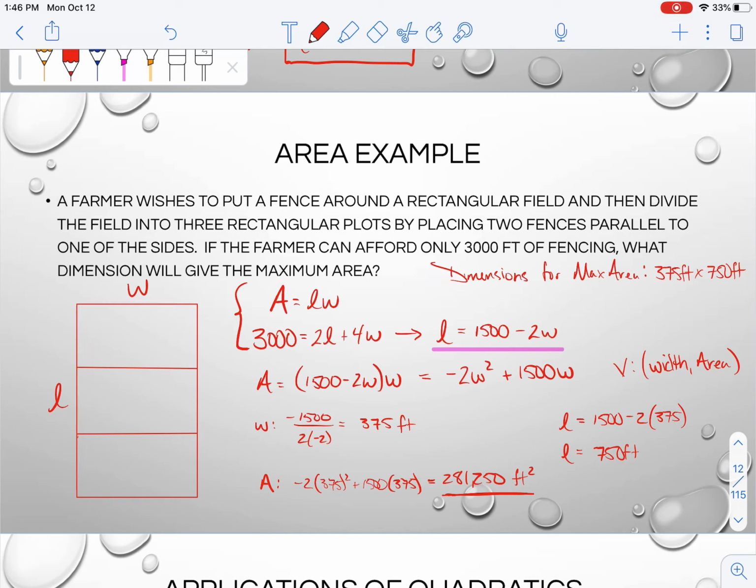If I were asked to find the dimensions of each pen, I would then have to divide this length by 3, and I would get that each pen is going to be 375 feet by 250 feet. All right, so pay attention exactly to what you're being asked to find. Make sure that you're answering the question completely. I have answered it here. There's nothing else that I need to find.